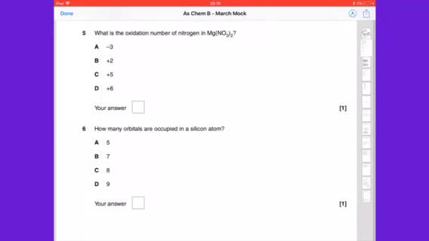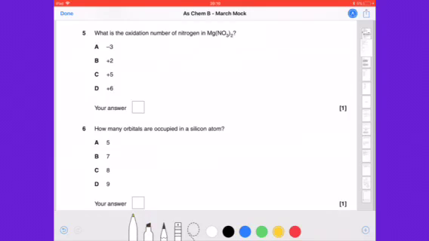The oxidation number of nitrogen in Mg(NO3)2, it basically works out as an algebraic equation. The first thing is, we know that the nitrate ion is NO3 minus. So we know that NO3 has a -1 charge.